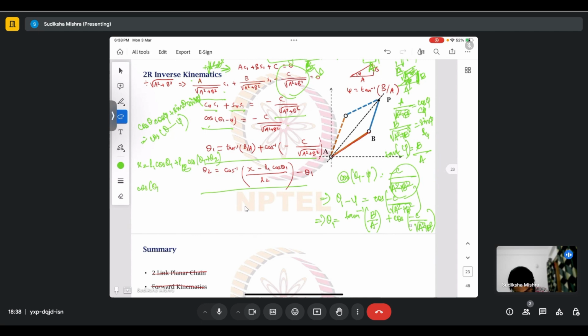So cos theta 1 plus theta 2 becomes x minus L1 cos theta 1 by L2.